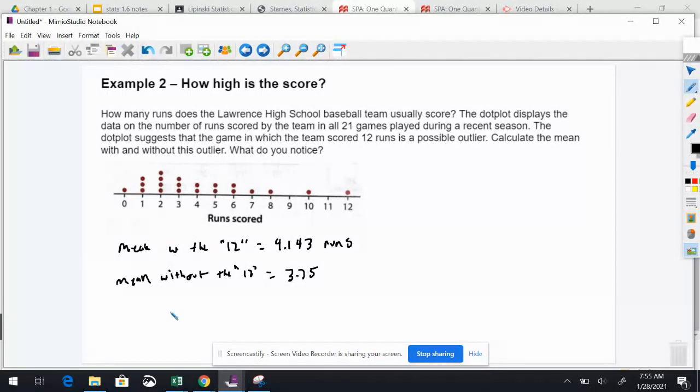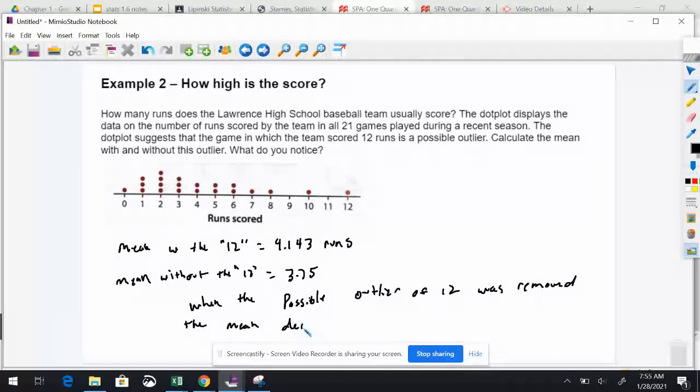So again, if I ask you to explain it, we've got to make sure we use the language "possible outlier." And why am I saying possible? Well, this is only 21 games. What if they played 41 games and they scored 12 five times? That wouldn't be an outlier. But with the given data, when the possible outlier of 12 was removed, the mean decreased from 4.143 to 3.75 runs.